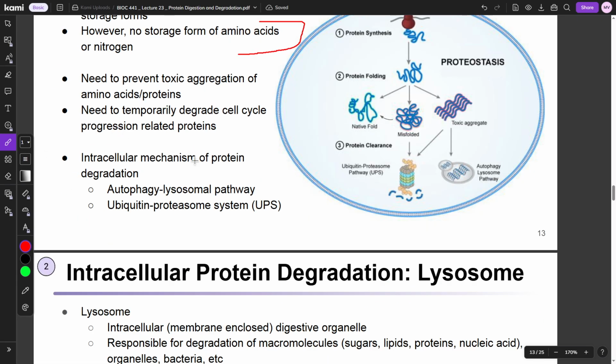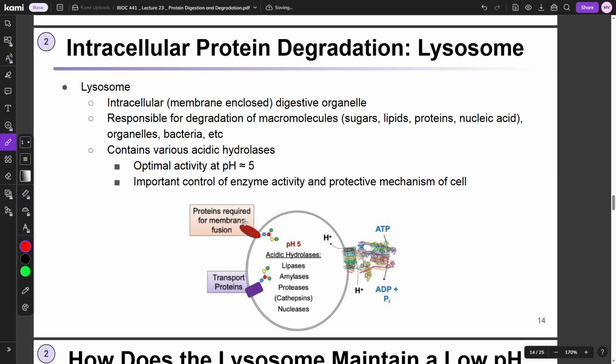So there are intracellular mechanisms of protein degradation. There's ubiquitin pathways, and then there's autophagy and lysosomal pathways. The lysosome is a really cool organelle. It's intracellular, it's membrane enclosed, and it's a digestive organelle. What it does is it degrades everything: sugars, lipids, proteins, nucleic acids, all of it.